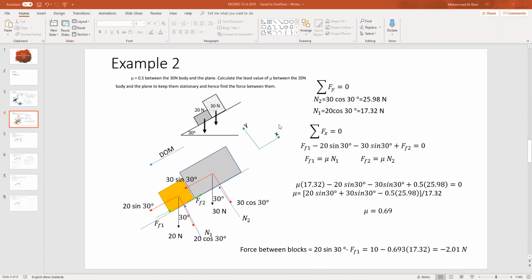So I'm answering, find the force between the two bodies or the blocks. So do you agree on that? Do you think this is the right answer?